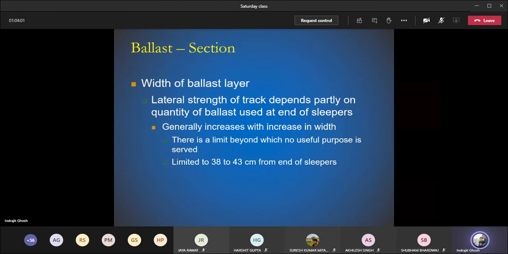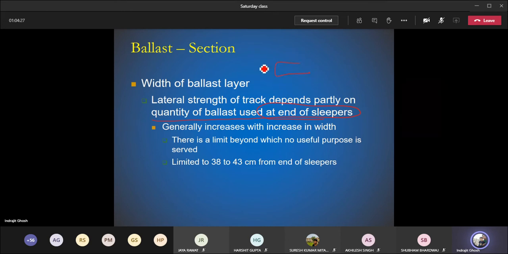Okay, it has been observed that if we have ballast layer on the sides of the railway track, obviously it will be providing the lateral strength. So lateral strength depends on the quantity of the ballast that we are using at the end of the sleeper.